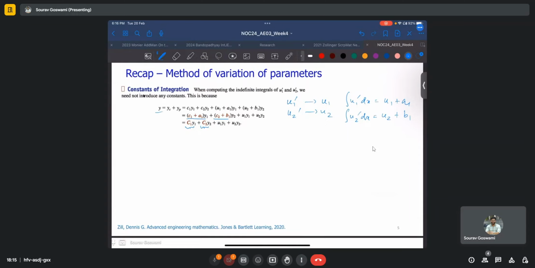The other method, which was discussed in the course, was the method of undetermined coefficients, where you have a few fundamental or elementary function types such as constants or polynomials or trigonometric, even exponential.